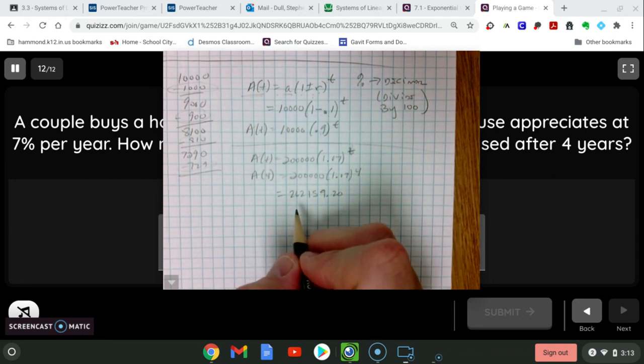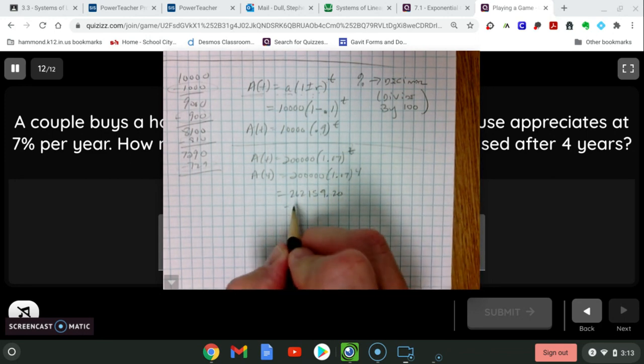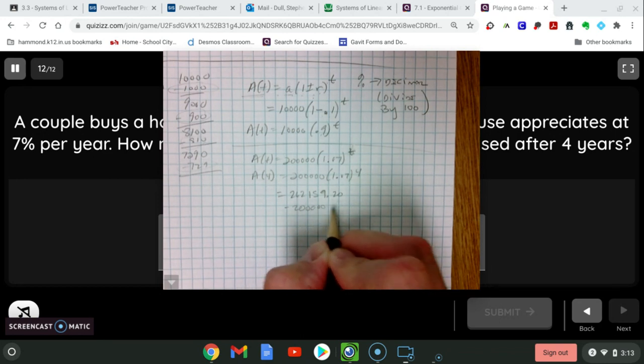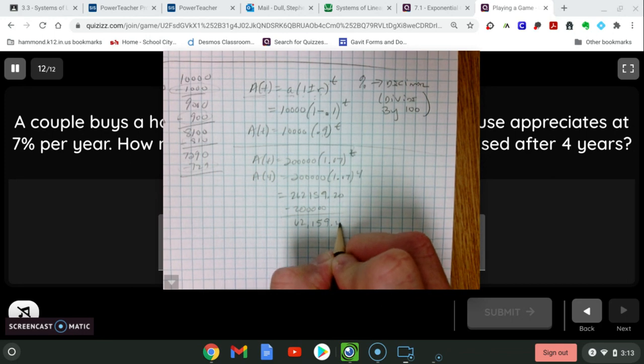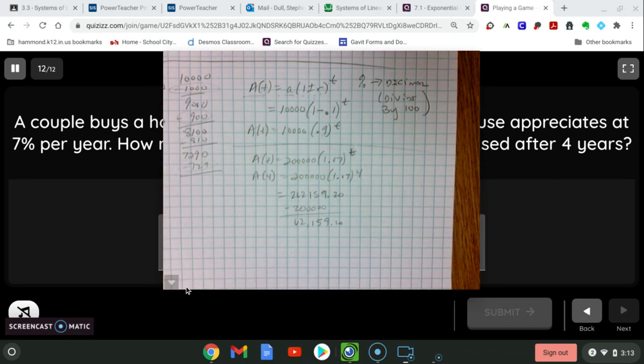Okay, so is this our answer? No, because we still need to subtract off our 200,000. How much did it change by? 62,159.20.